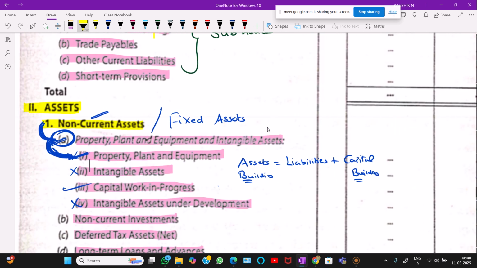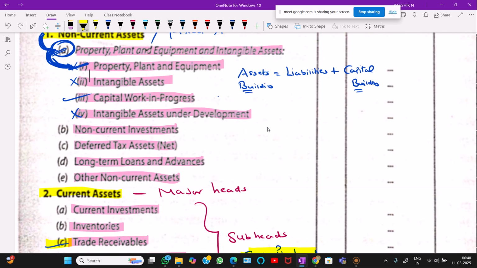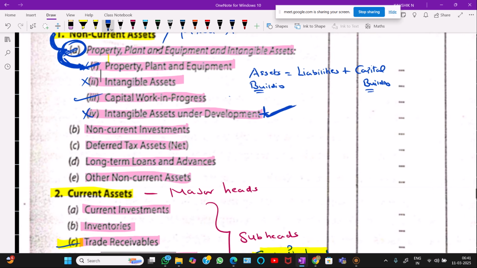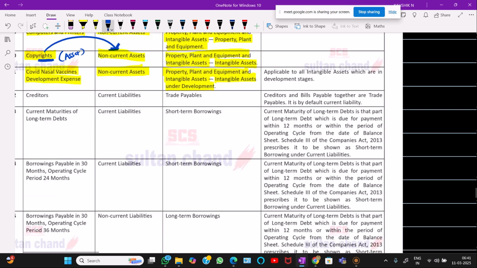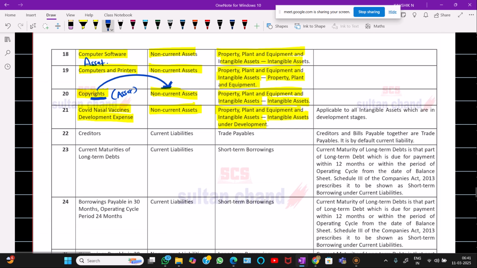That's why under the category of non-current assets, you have intangible asset, and there is also intangible asset under development. This one you can't use, because it is not complete; it is still in the development stage. Hope it is clear up to this concept. Any doubt?